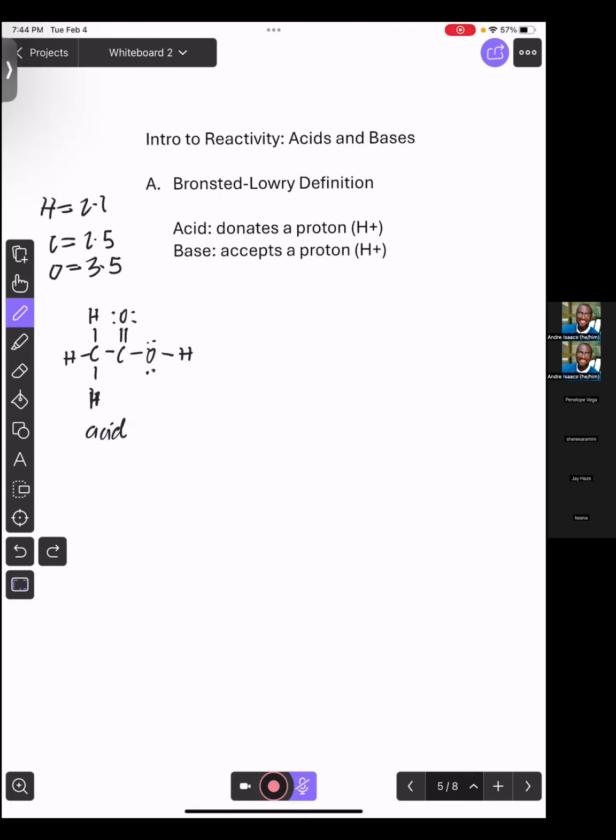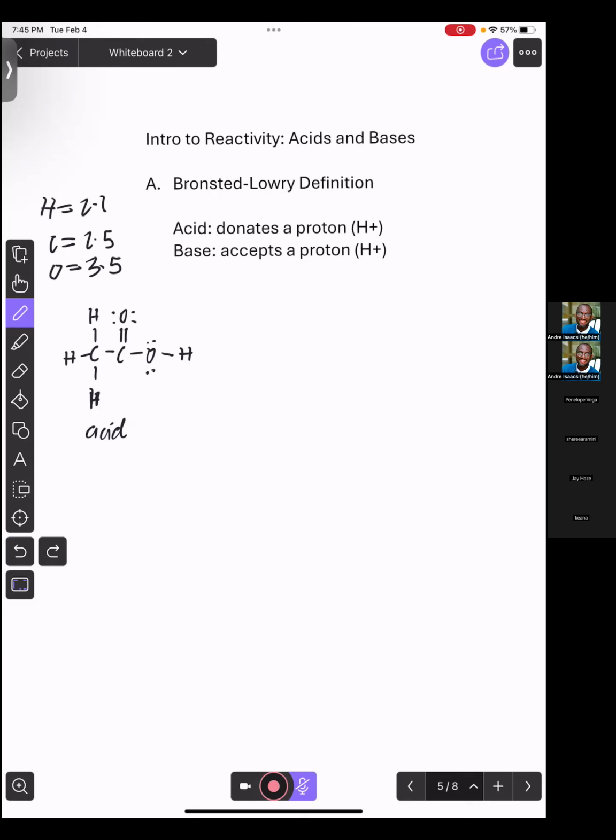They're more sharing these electrons, right? But oxygen is really, really pulling those electrons towards itself, which means that bond is really, really weak. And so it's going to be very easy to pluck that hydrogen off, which makes that hydrogen the acidic hydrogen.